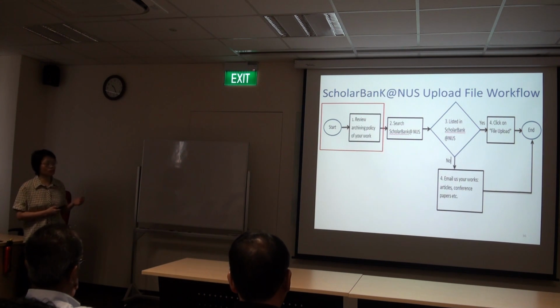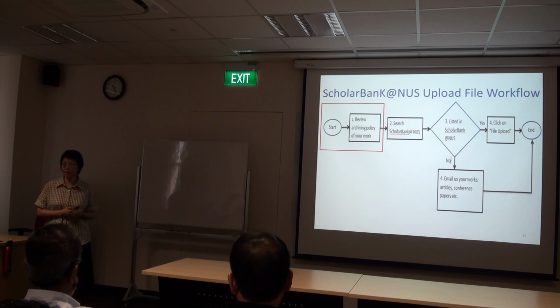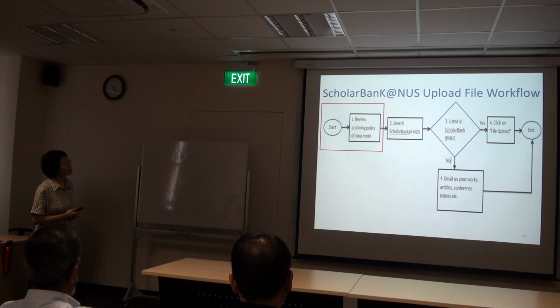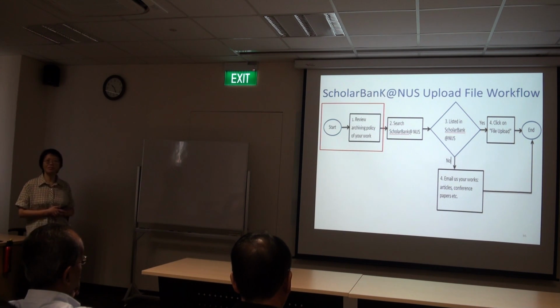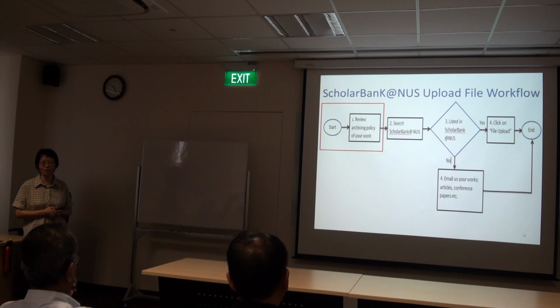The reason why we do it is because we have this Scholarbank metadata team that imports bibliographic data of staff publications into Scholarbank. Okay. And if the work is listed in Scholarbank, you just need to upload the file, the allowed version. Okay. If it is not listed in Scholarbank, you can simply email us your work, and we will do the necessary to upload.